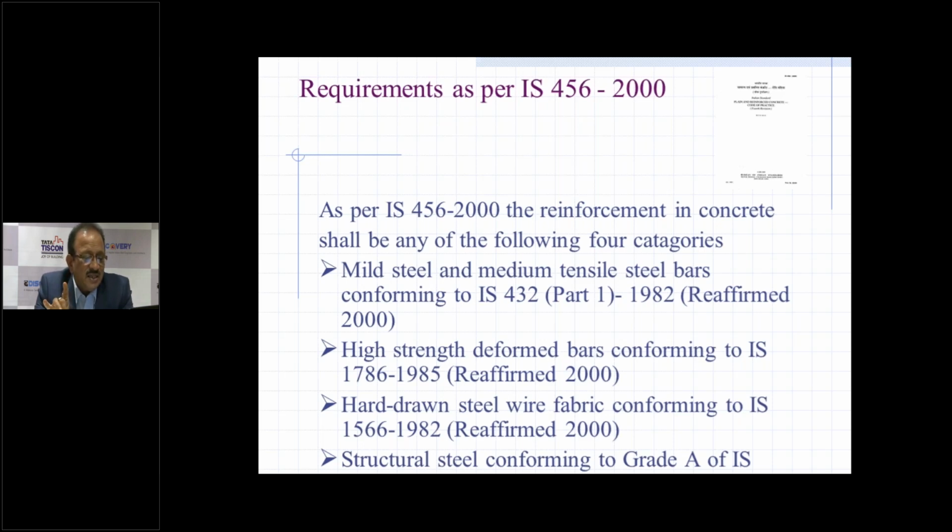Number one is mild steel conforming to IS 432, high strength deformed bars conforming to IS 1786-1985, hard drawn steel wire fabric conforming to IS 1566, and structural steel conforming to grade A of IS 2062. So these are the four categories. All these four categories can be used for construction.